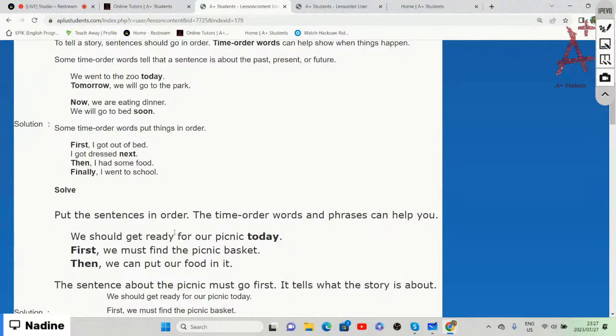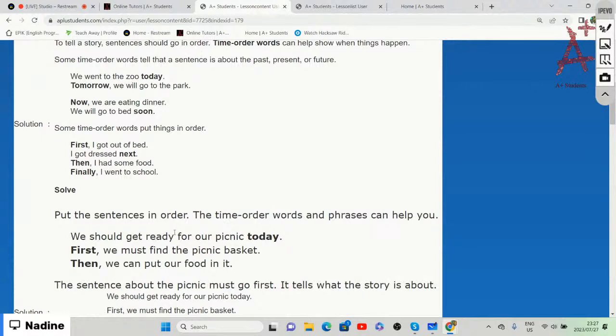And there we have an example. We should get ready for our picnic today. So when, which is today, then first we must find the picnic basket. Then we can put our food in it. Lastly, you understand? These are sentences that are in order. These are words and phrases that can help us.